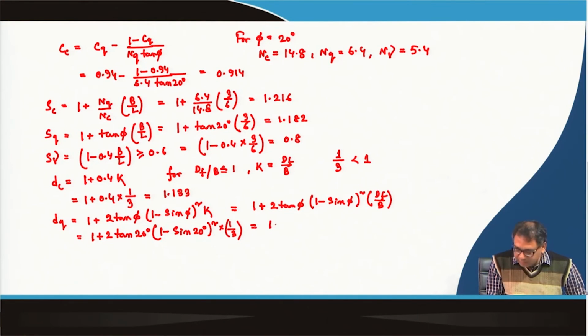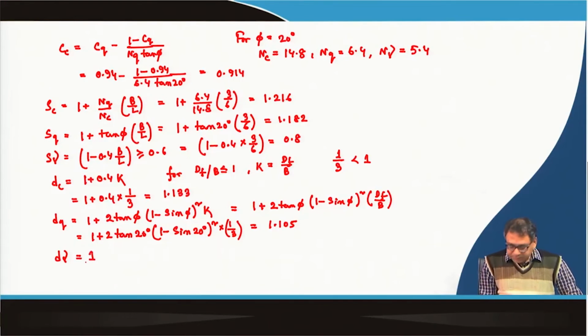So, this is 1.105. Okay. And we know that D gamma is equal to 1 for all the cases.